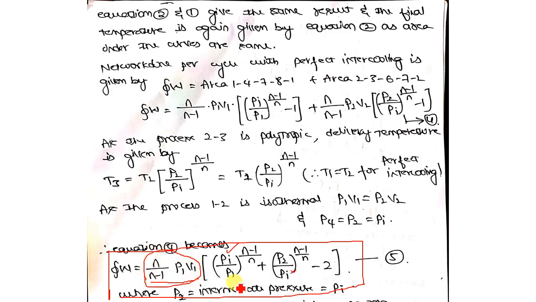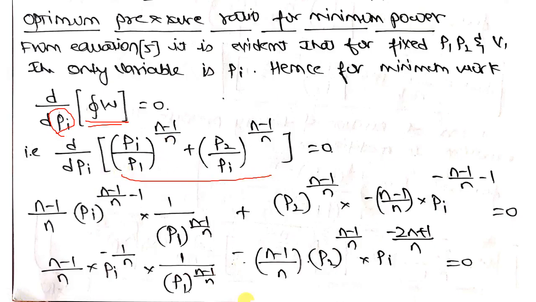Now you need to differentiate with respect to Pi here. See, the whole to the power of (n minus 1) by n is for the numerator as well as for the denominator. So for the denominator it is P1 whole to the power of (n minus 1) by n, which I have taken here. Now, Pi whole to the power of (n minus 1) by n needs to be differentiated.